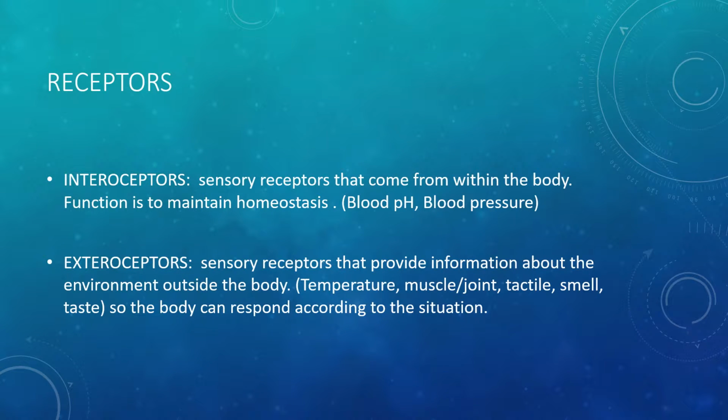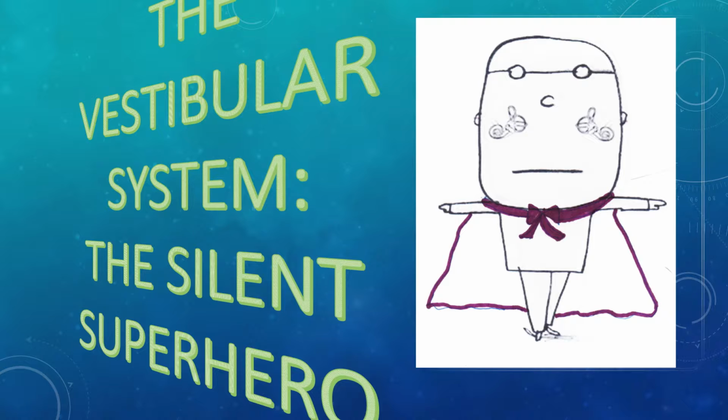Okay, we talked about the interoceptors and we talked about exteroceptors already. But our silent superhero is the vestibular system, which consists of the semicircular canals and the cochlear complex in both our ears.